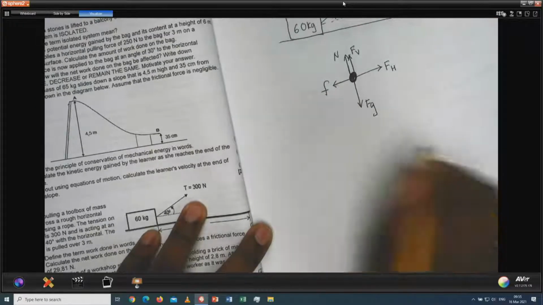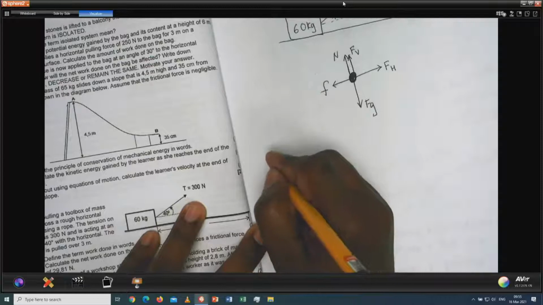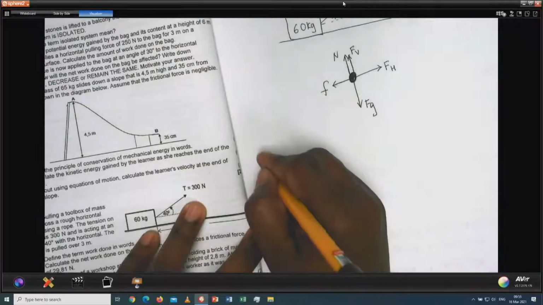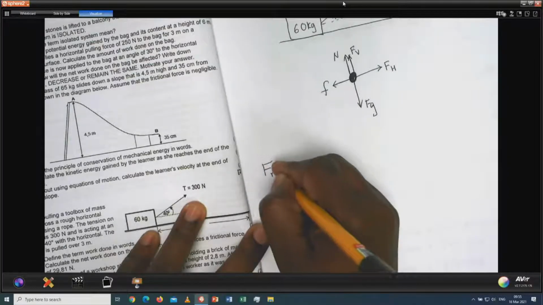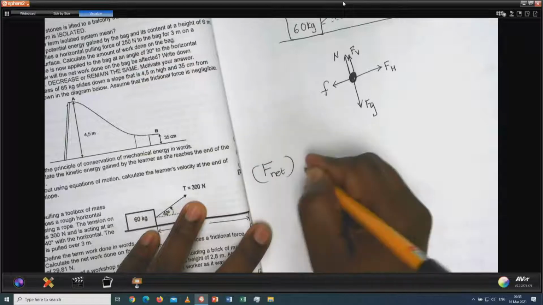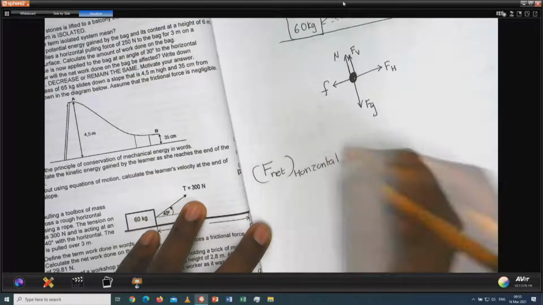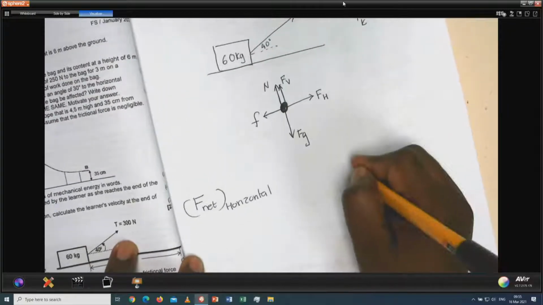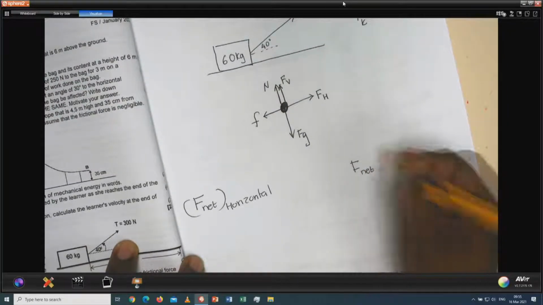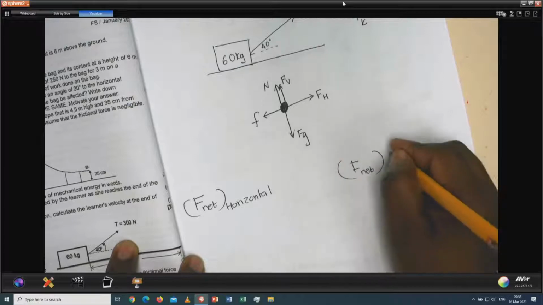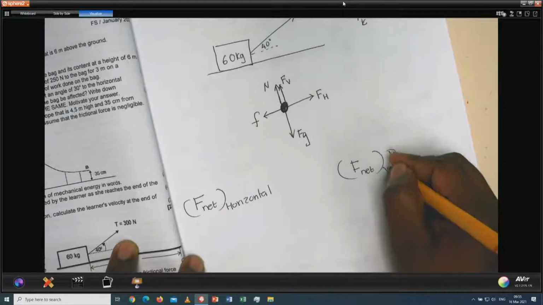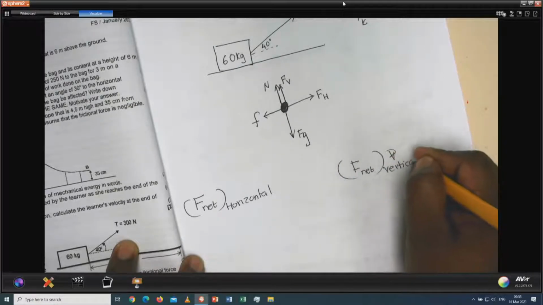Now, when we are talking about net forces, we will have F net horizontal, and we've got F net vertical.